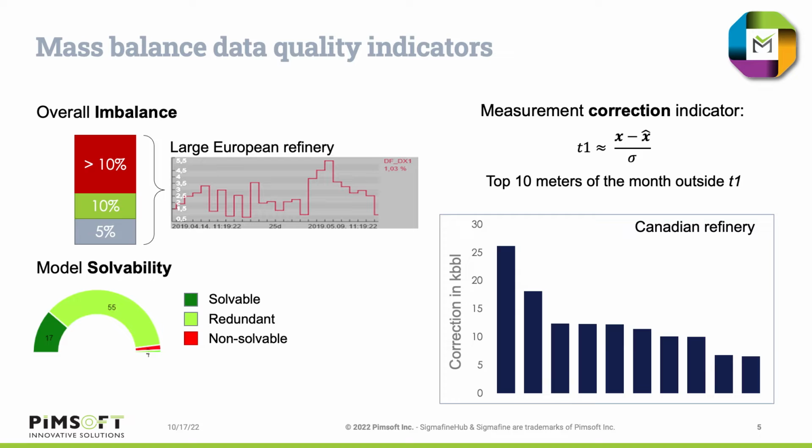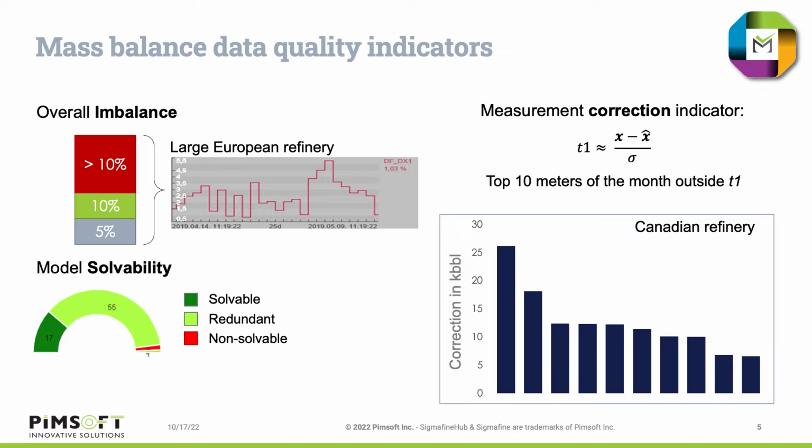Using Sigmafine's material balance models, we ensure that the model is in a redundant state. This means that even if one value were to fail, there is another set of values which will help to produce reconciled data.